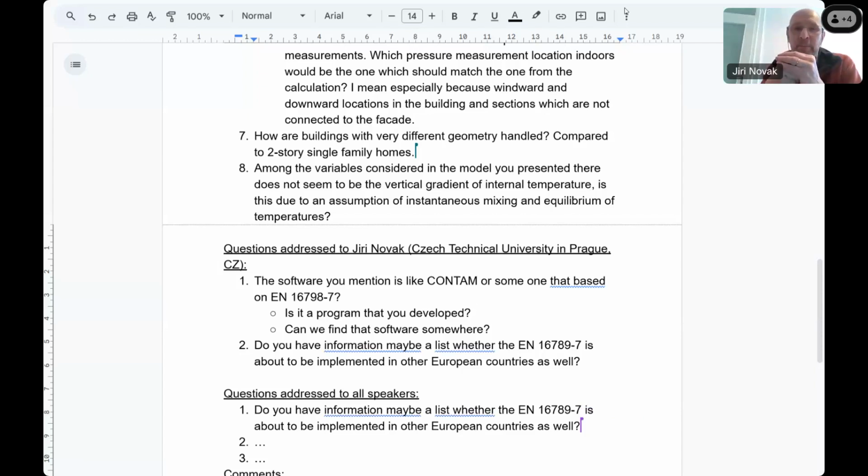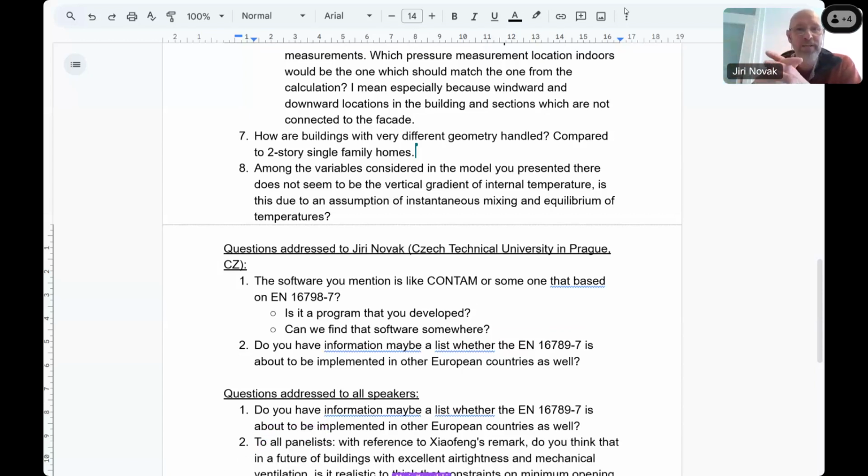This is feasible, but only for someone who has a very deep insight into the problem, into the mathematics and physics behind it. I think this is not the case for people who do the practical calculations.